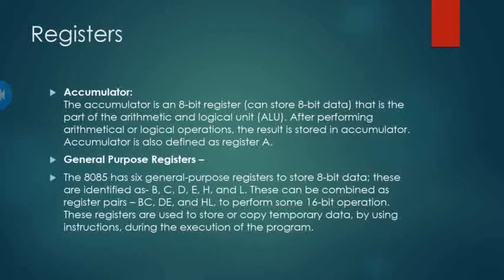You know that the address of 8085 is 16-bit, whereas the data is 8-bit, because the size of the data bus is 8-bit, whereas the size of the address bus is 16-bit, and the size of the address in 8085 is also 16-bit. So if we have to store an address in a general purpose register, we cannot store the address directly in any one register.